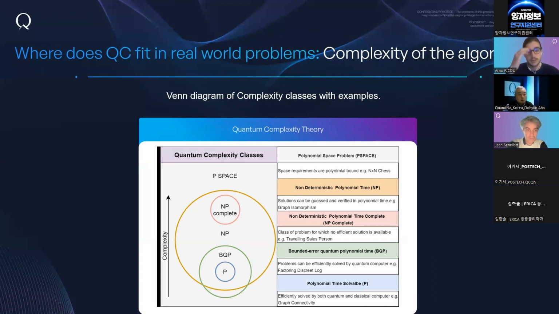It is believed to be greater than P and within NP, and maybe a bit out of NP, which means that there may be hard decision problems, but easy to check, that belong to BQP and not to P. And that's exactly the kind of problem we're interested in.